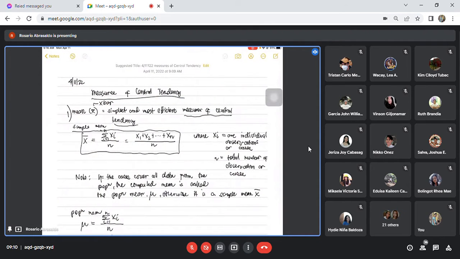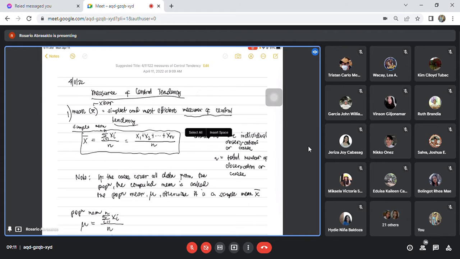Number 1, the mean, the simplest and the most efficient measure of central tendency. The formula is bar x, the sample mean, if the data is taken from a sample: the summation of x sub i, where i is from 1 to n, over n.